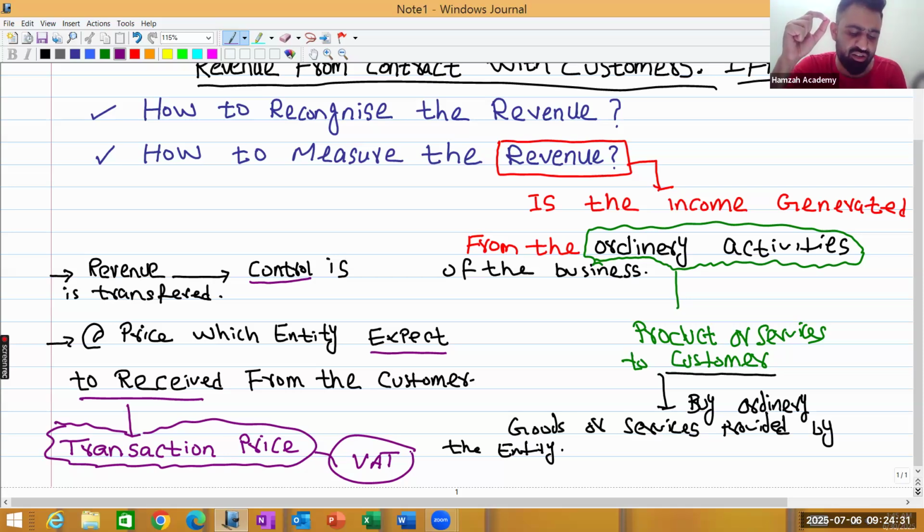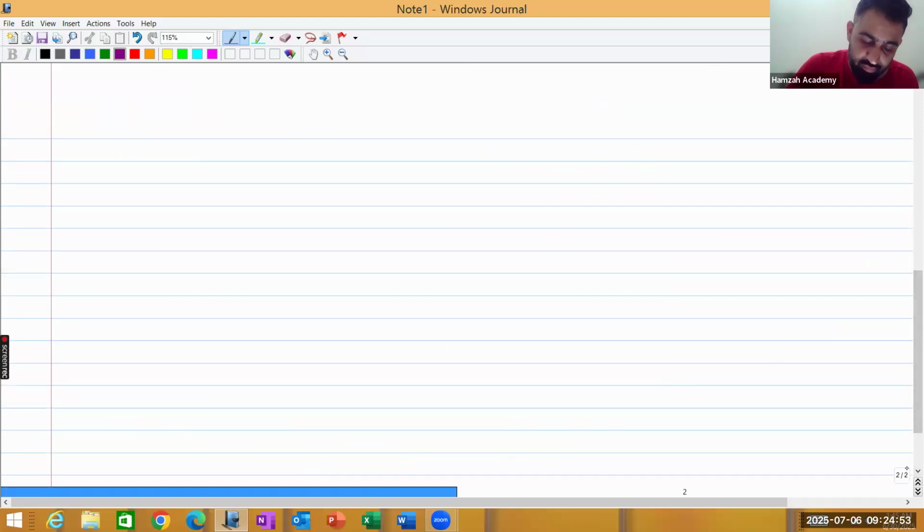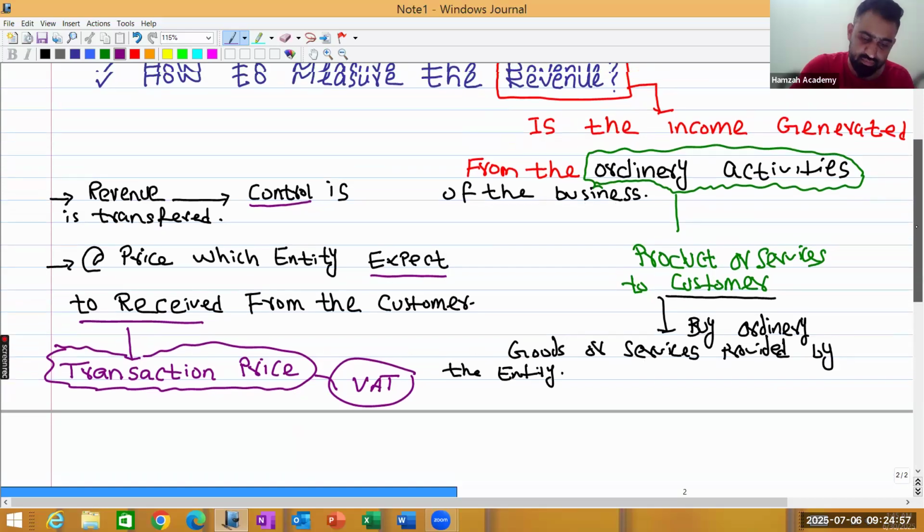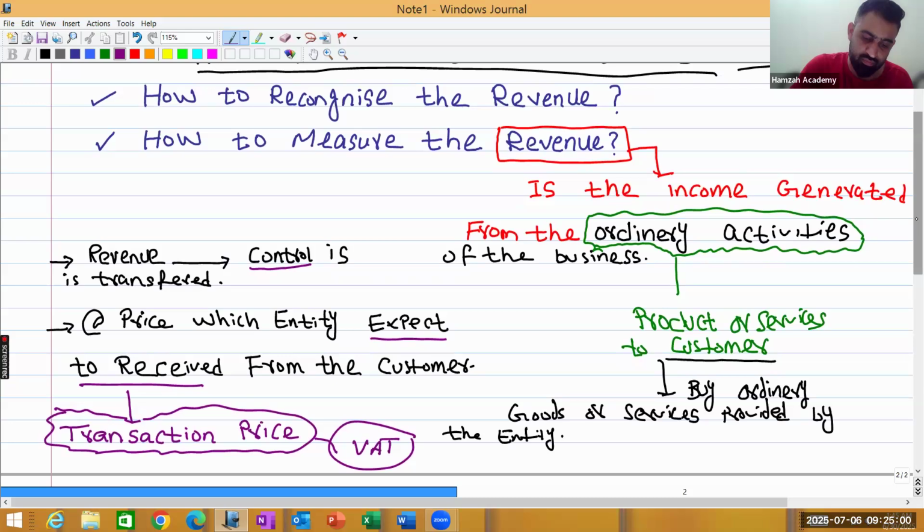Other than that, at the transaction price, the entity will recognize the revenue. Okay, any question, students?